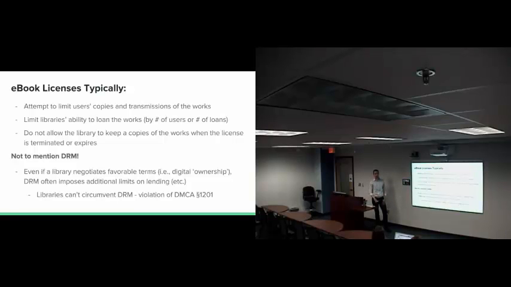Then you're in a really tough spot, and all of the effort that you put into negotiating better rights in the license has gone to waste because of the Digital Millennium Copyright Act, which basically says that we have no right as libraries to circumvent technological protection measures or digital rights management. So even if the terms of the license are good, if the content is laden with DRM that prevents us from doing what we need to do, then it's still a loss.